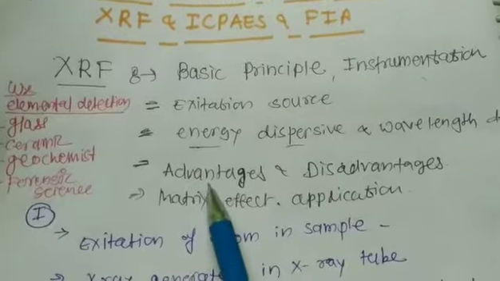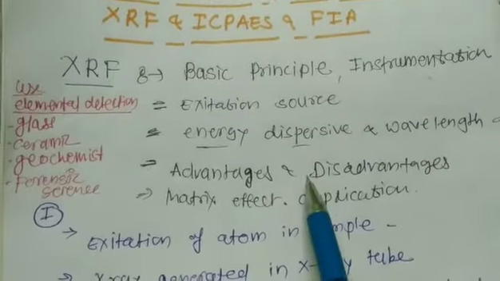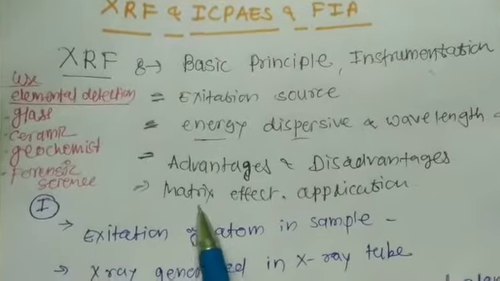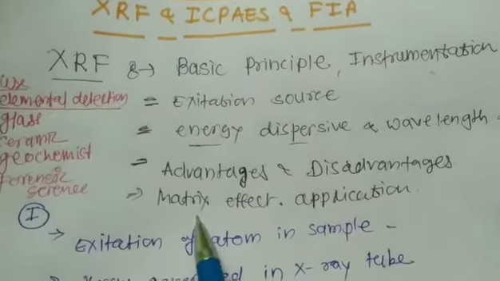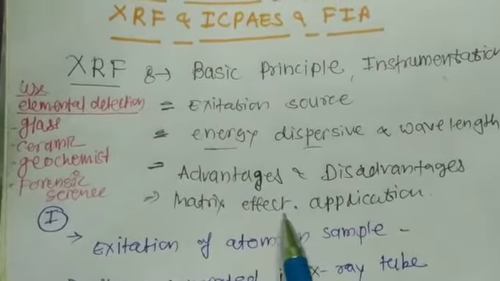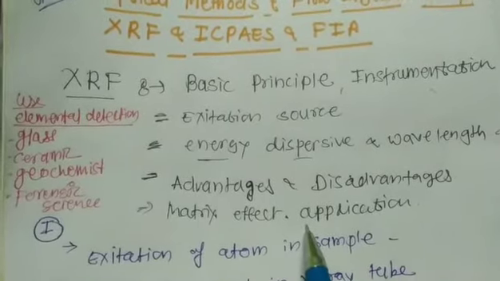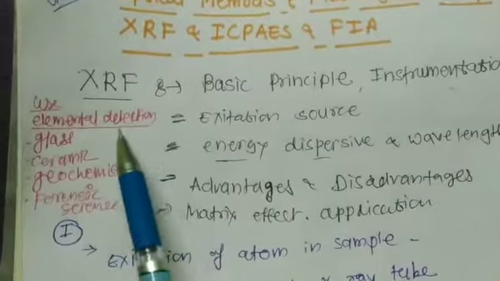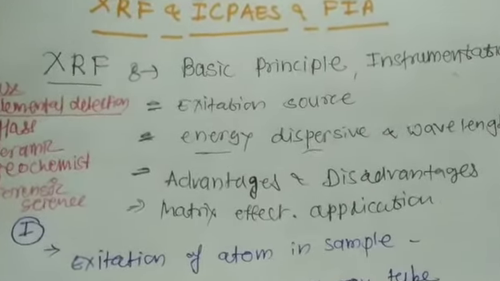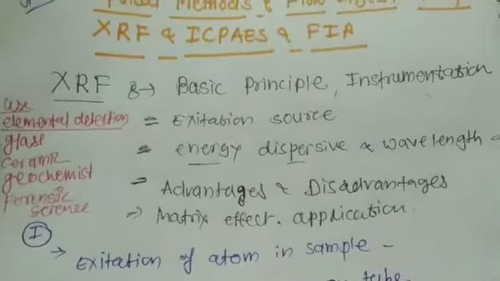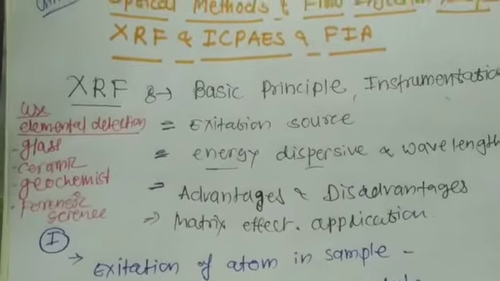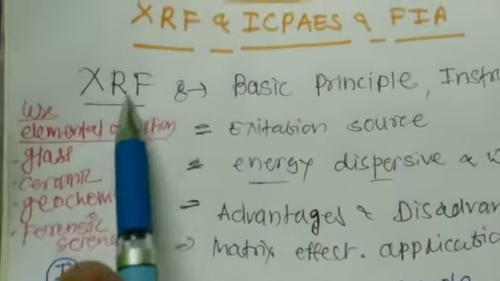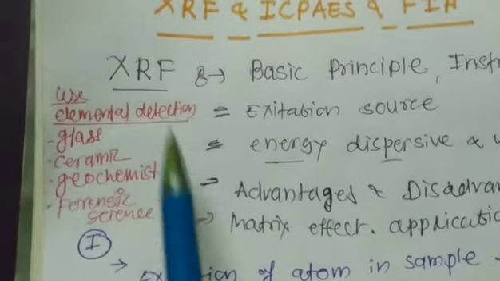Next, the advantages and disadvantages of the XRF technique, and matrix effect and application of XRF. So in today's lecture we will see the general basic principle of XRF and instrumentation of XRF. That is the XRF, X-ray fluorescence technique.